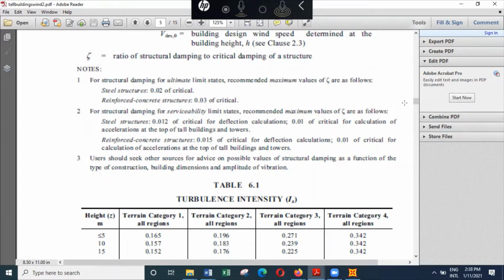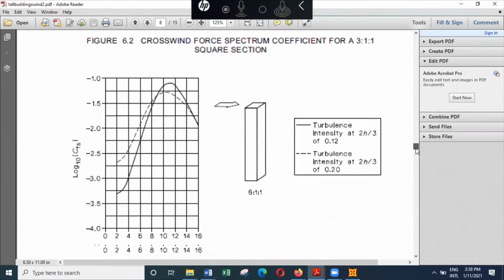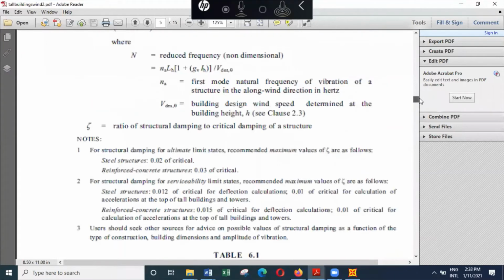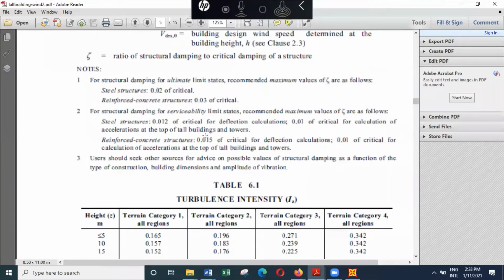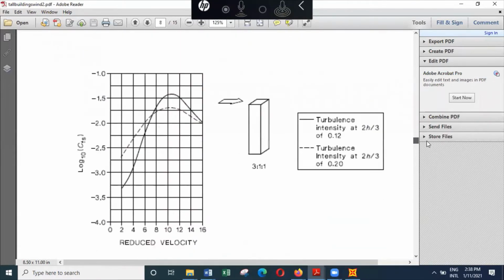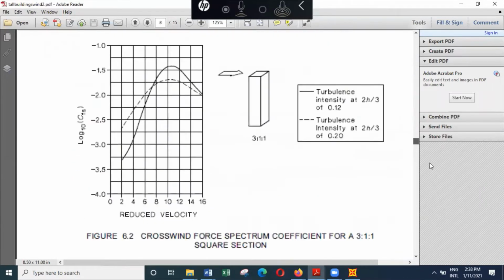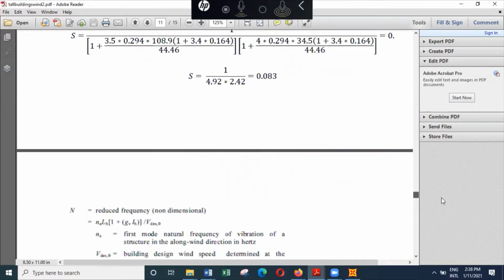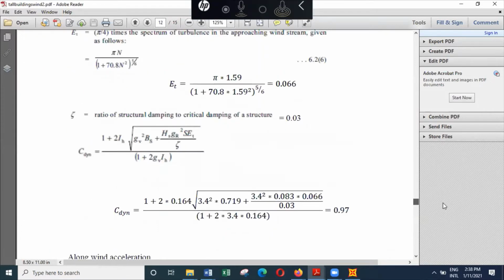If you are doing a calculation for static conditions, then we have to use a lesser value, as I explained earlier. So we use 0.03 for damping.